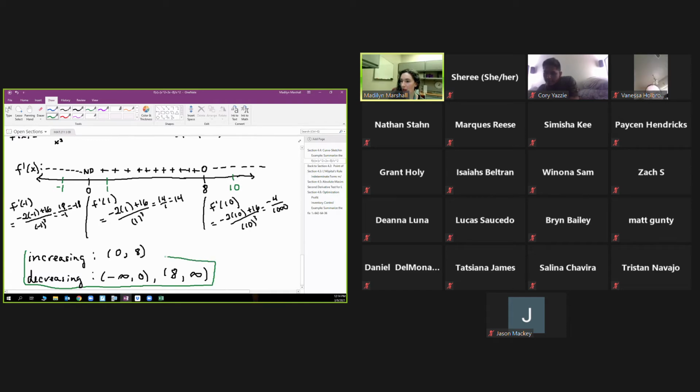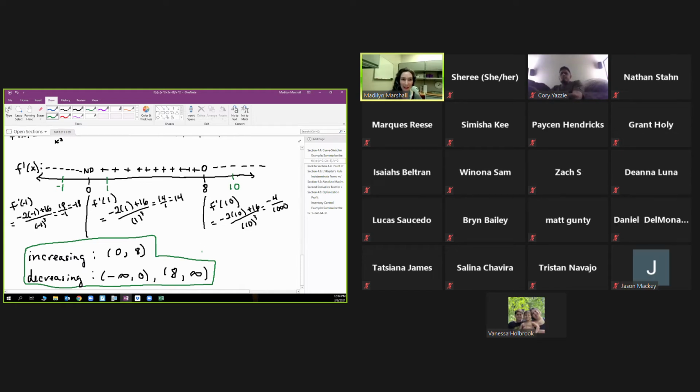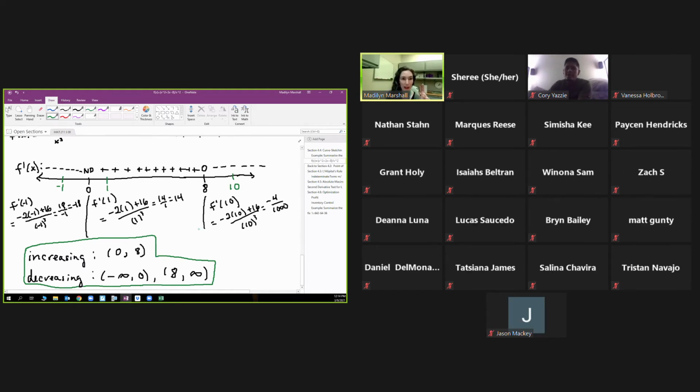So now we know where our function is increasing and decreasing. Our first derivative gave us partition numbers to divide up this line.